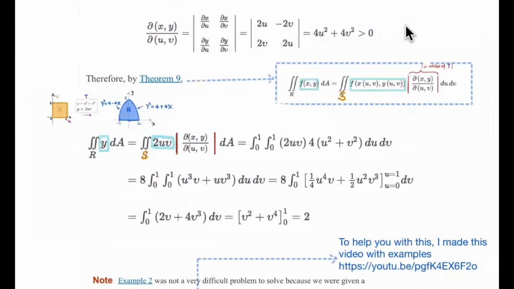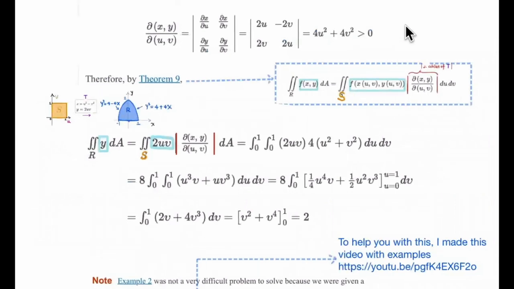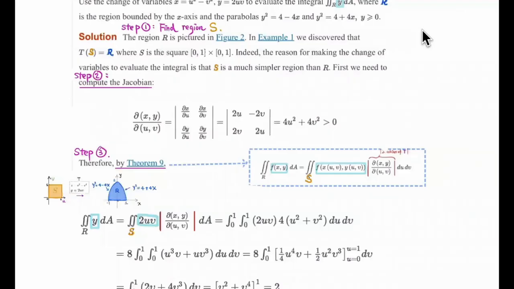So using this change of variable theorem, we're able to compute this integral much simpler. So let's go back and think about what we have done and what the steps are in solving this type of problem.